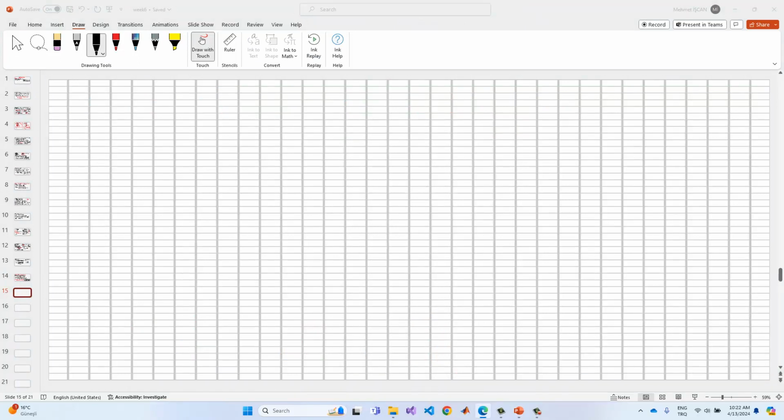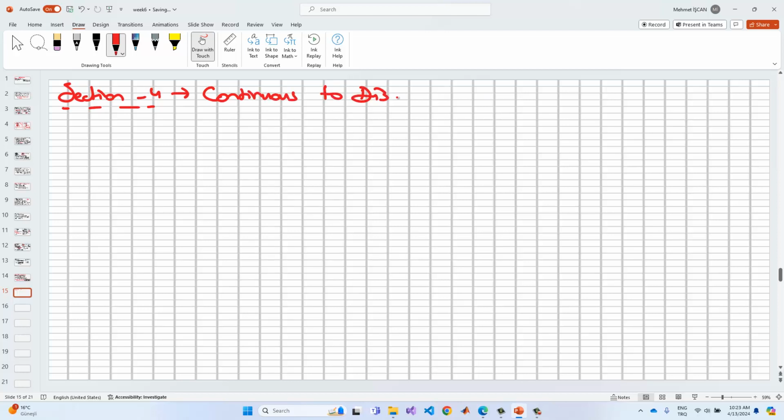This is important. So how can we do that in this domain? For example, section 4 is directly related to the continuous to discrete operation.